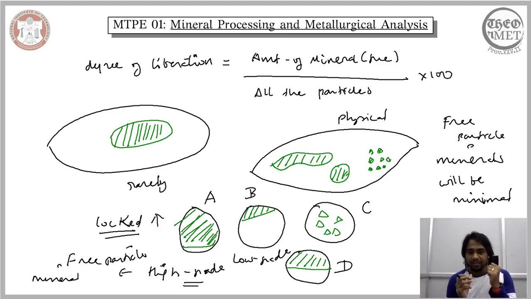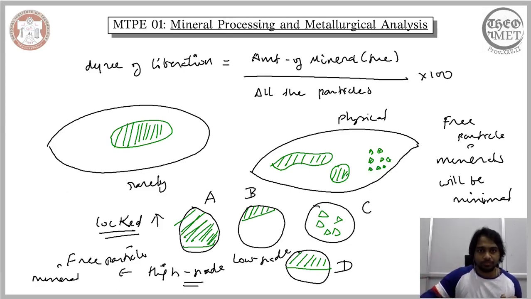When the gangue composition in a given locked particle is very small, we refer to them as high grade particles and treat them similar to free mineral particles. In the same way, when the amount of gangue associated with a locked particle is significantly higher, we treat them as similar to an exclusively gangue particle and we will discard them.